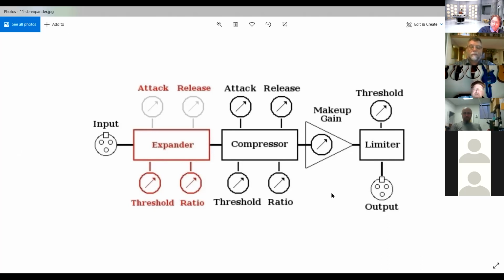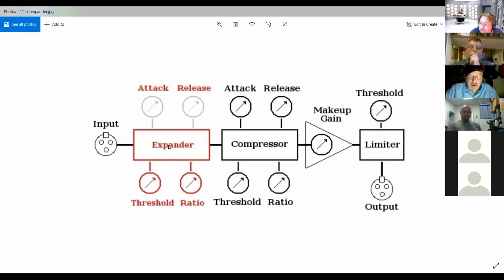Now, let's get to a Symmetrix. I think this is basically based on the 565E. But remember, they use the same Blackmer cell and the same control circuits in most of their analog products. You start with an expander. Some people call this a noise gate, an expander, noise gate, or they'll just call it gating.